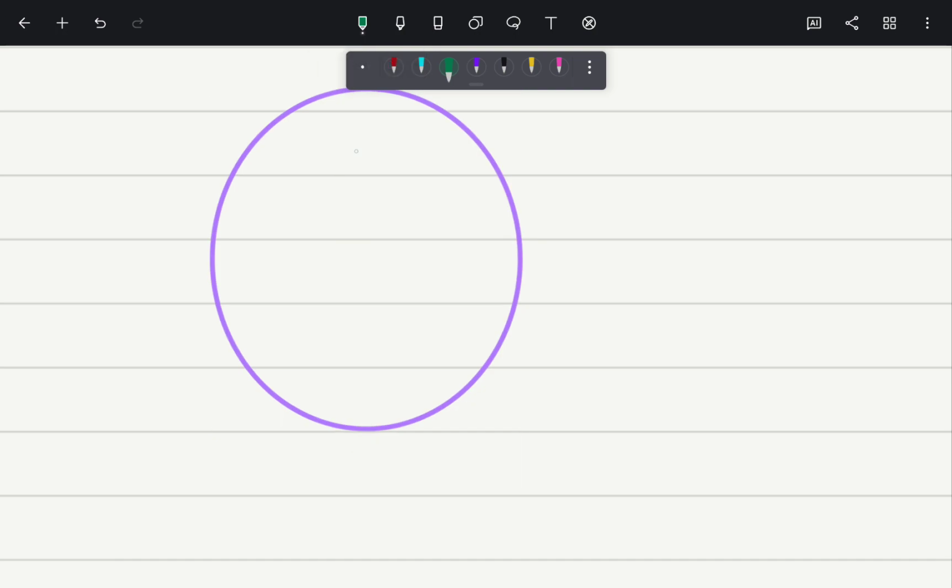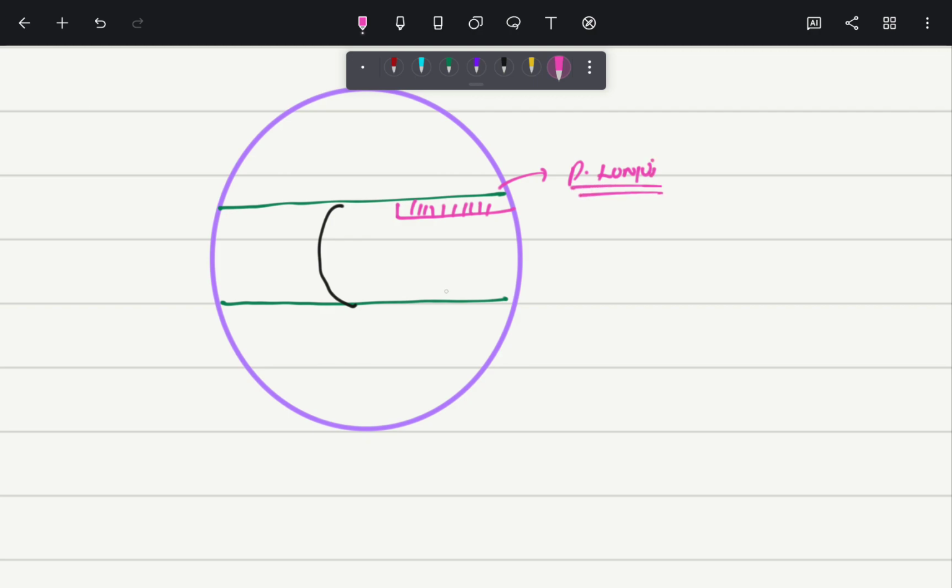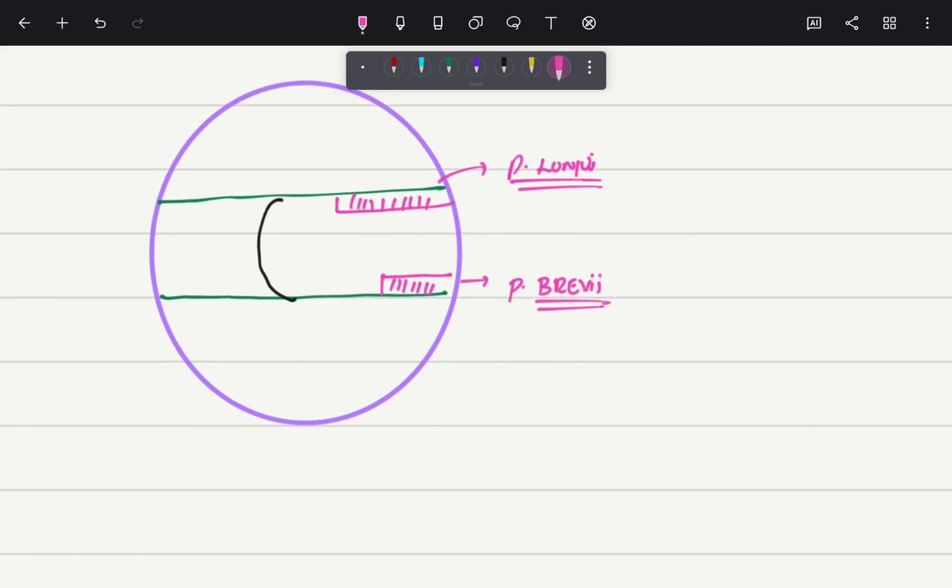So here is your anterior compartment, here is your posterior compartment, and here is your lateral compartment. In the lateral compartment we have a very long muscle, and this muscle is called your Peroneus longus. And there is a muscle which is very short, and since this is short, it is called peroneus brevis. Brevis means short. So there is one long muscle and one short muscle, peroneus longus and peroneus brevis.